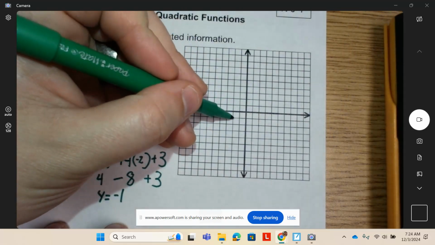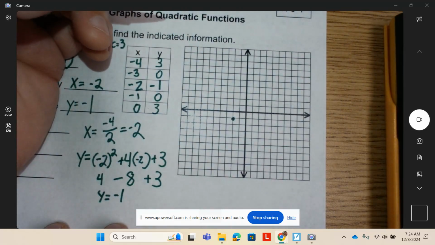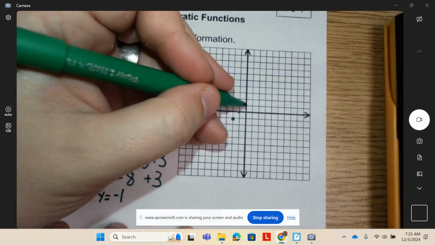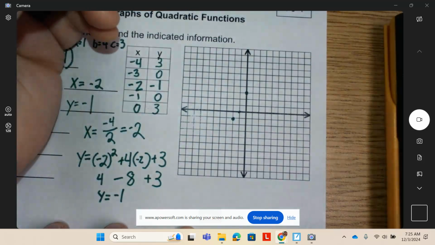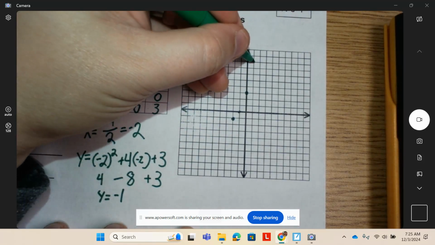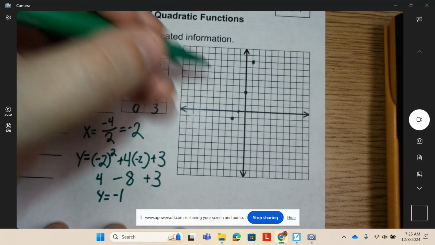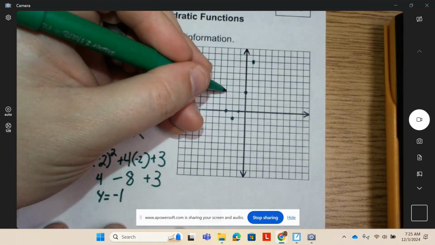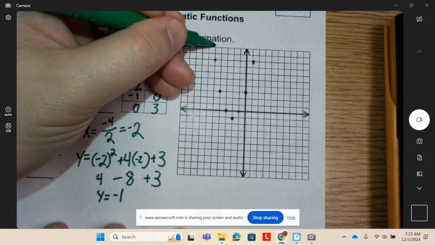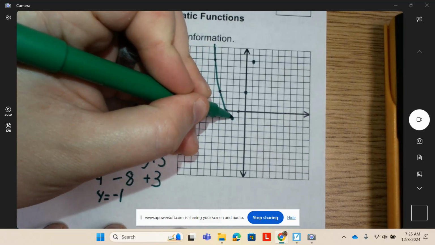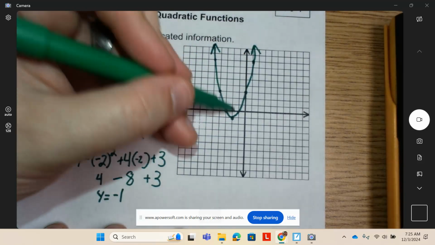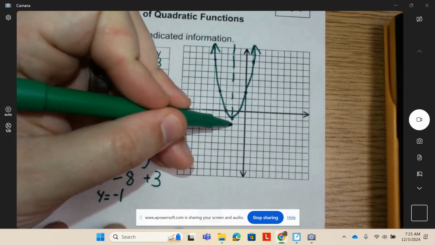Let's start out at negative 2, negative 1, then negative 1, 0, and 0, 3. Looking at my other chart, when I was at positive 1, it was up at 8, so we could put that point. Then we'll do our symmetrical dots on the other side. And we've got our parabolic shape there, with our axis of symmetry going through the middle.